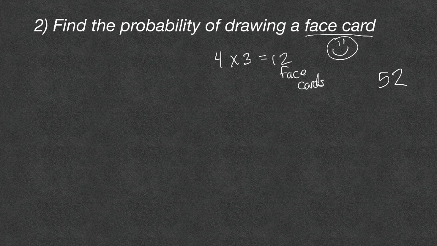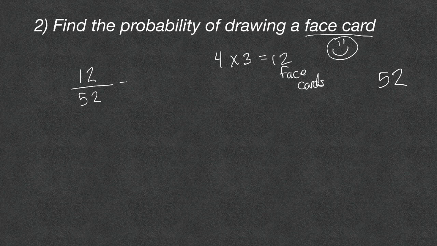So remember, we put the number of favorable outcomes over the total number of possible outcomes. Well, favorable outcomes, 12 over the 52.